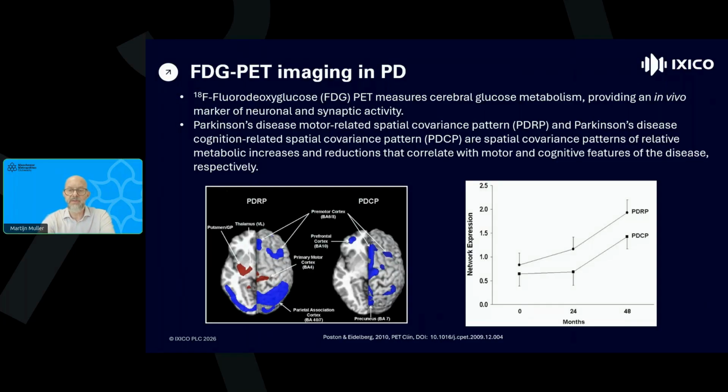These network patterns are particularly interesting because they correlate with motor and cognitive manifestations of disease and have shown evidence of change over time. As a result, I would say that FDG PET network analysis could be explored as a candidate biomarker for monitoring disease progression and possibly for treatment response. Next slide, please.